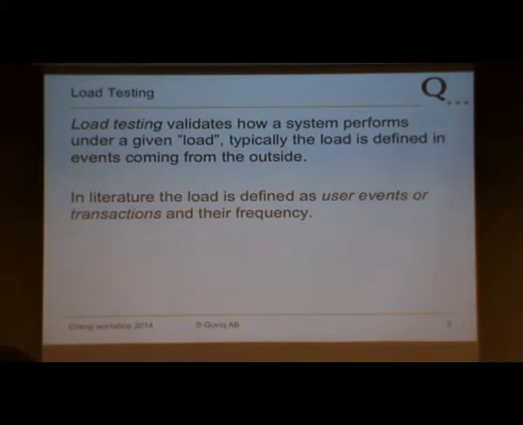Okay. And then the thing is that if you do load testing, at least the literature tells you, that you validate your system under a given realistic load, under a given load. And this is typically defined in events coming from the outside. So you can have user events or transactions, and that's how you measure load.